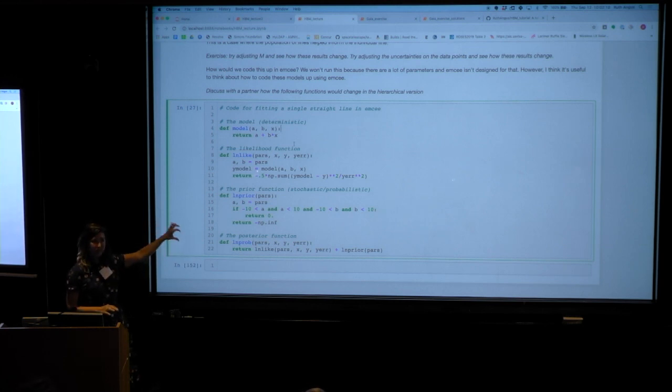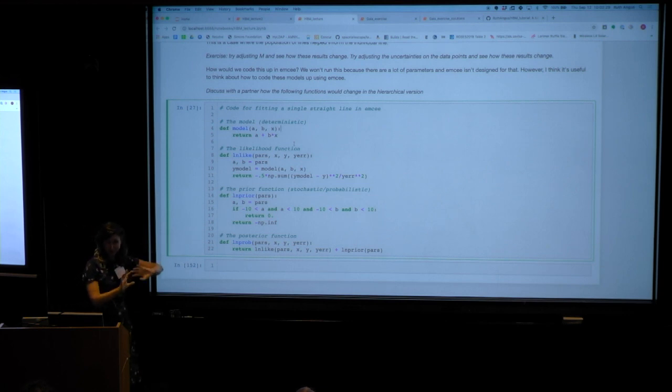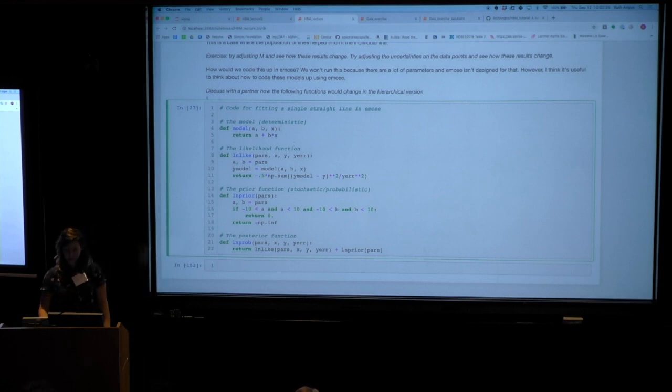If you really like emcee and you want to learn about how to do this in emcee, that could be something fun to try. But bear in mind that you probably won't be able to run it on so many parameters. But you could tweak the numbers, you could change the number of lines, you could reduce the number of parameters to something more manageable. But we have another exercise as well to do after the break, so this is just optional. Okay.